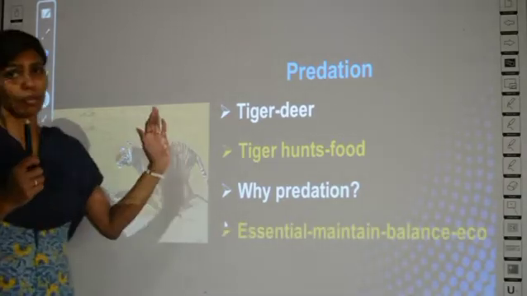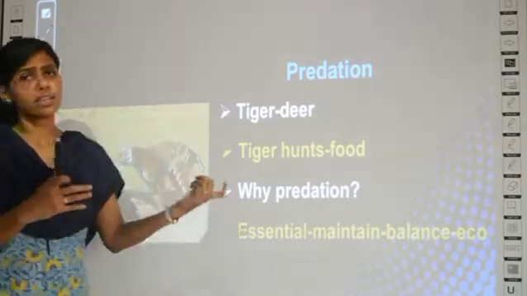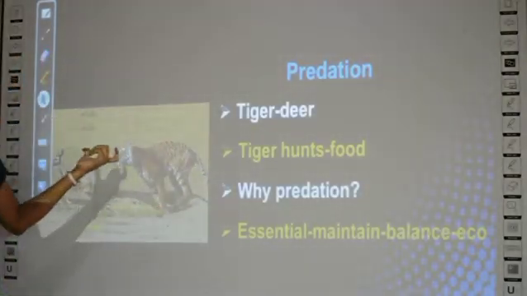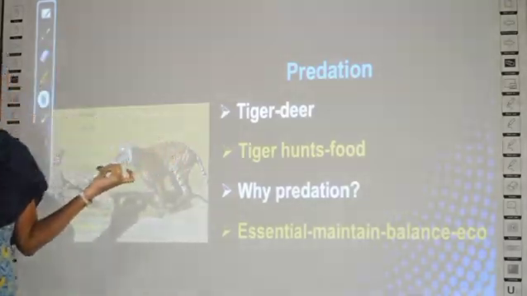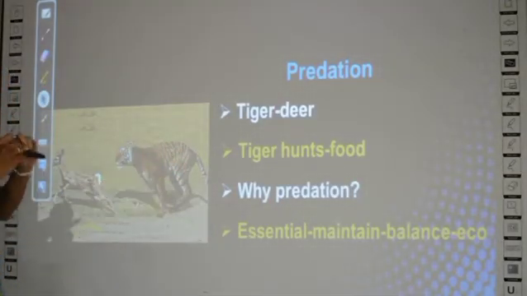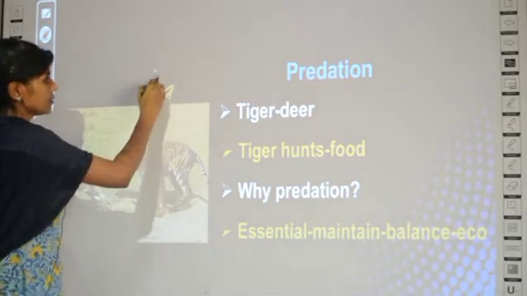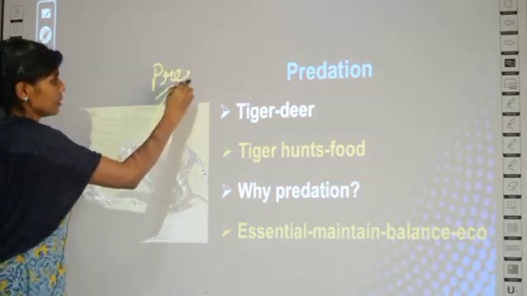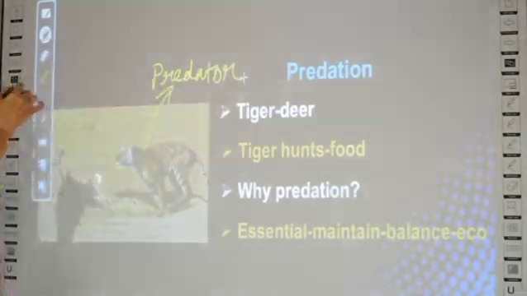Because the tiger hunts the prey. So here who is the predator? Tiger or the deer? The predator is the tiger. Why? Because it is the one which hunts its prey.